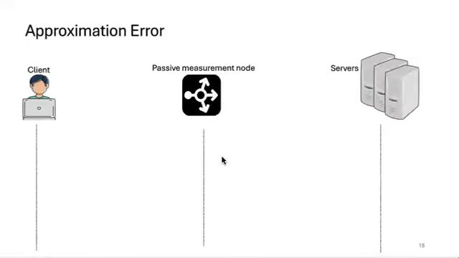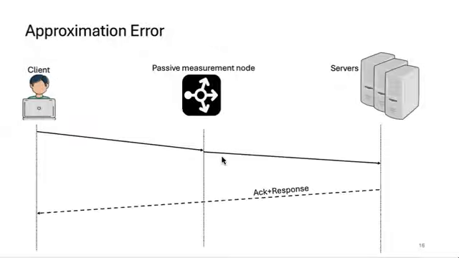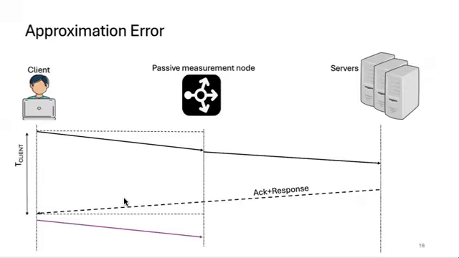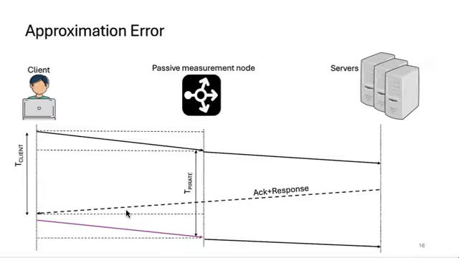When a client sends a request to the server and the server replies with a response, the client observed latency is T client. The main idea is that if this response triggers a subsequent request from the client, then we can get an approximate value of T client, or in the passive measurement node as T pirate.